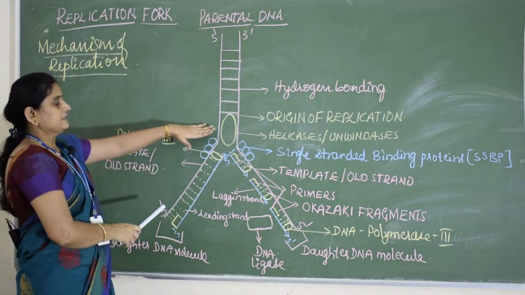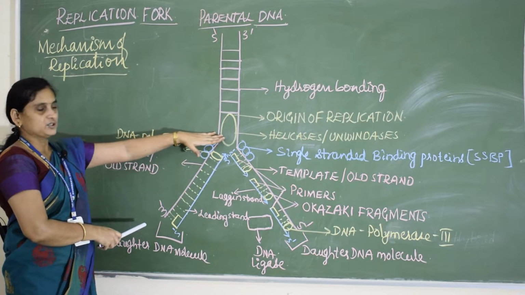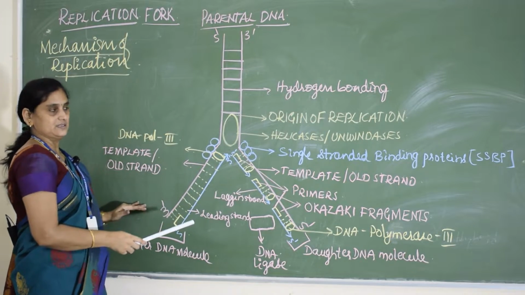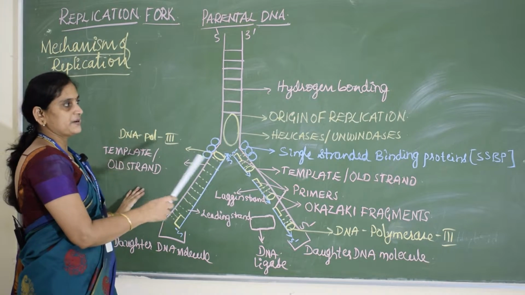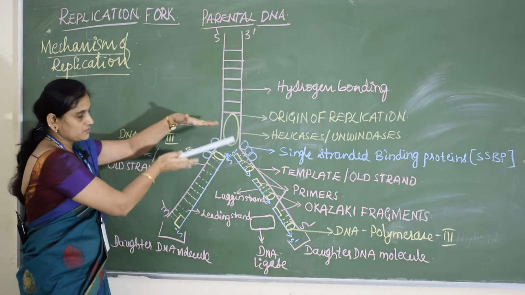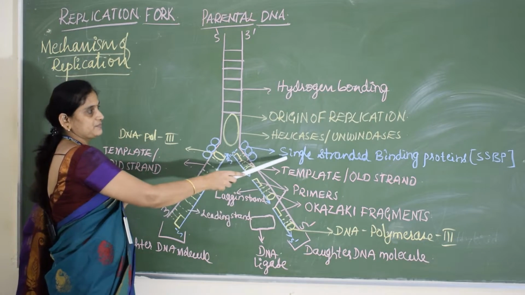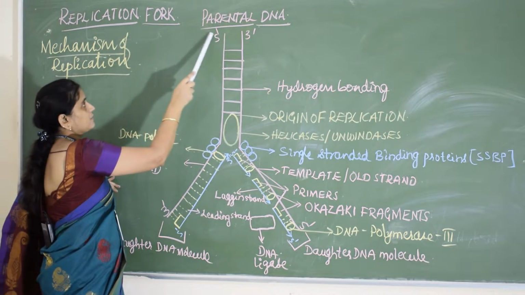As the separation of the two strands moves slowly from one end towards the other end, it leads to the formation of a Y-shaped structure, and that is called the replication fork.